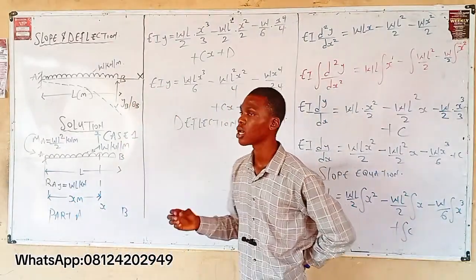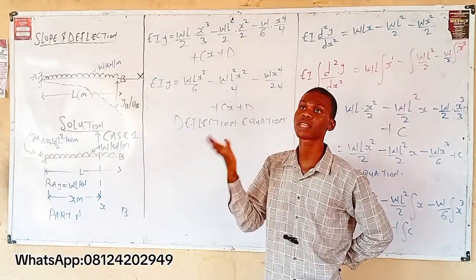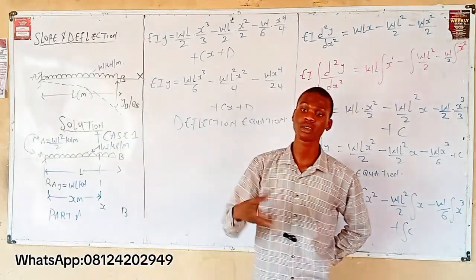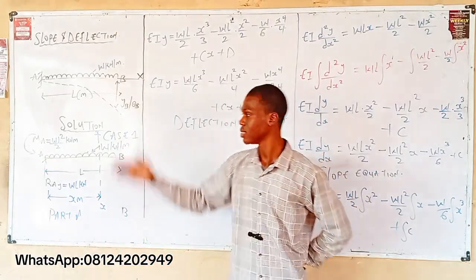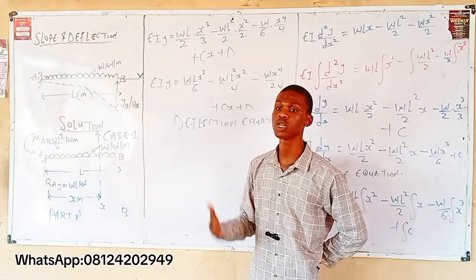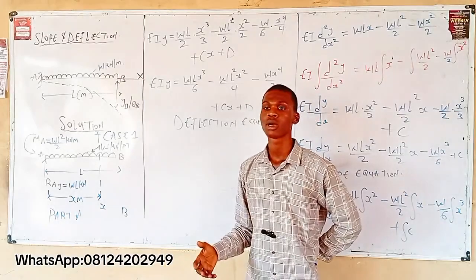In some cases, this is actually double integration. I said earlier that we have different types of methods: double integration, Macaulay method, and moment area method. But now we are looking at double integration and Macaulay method. This is the double integration method. Why? Because your double integration method will help you get the formula for your beam.